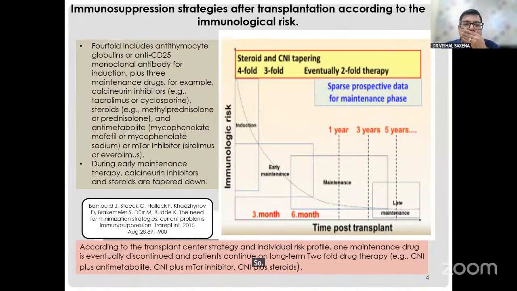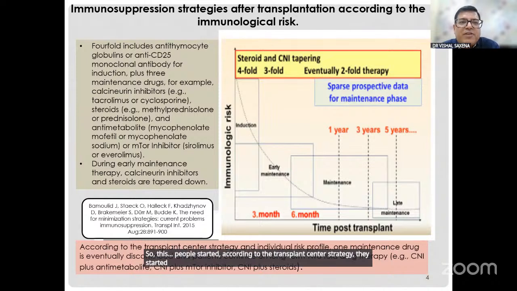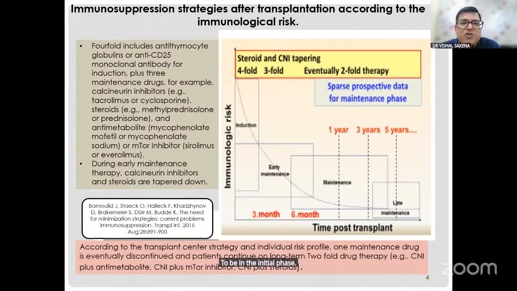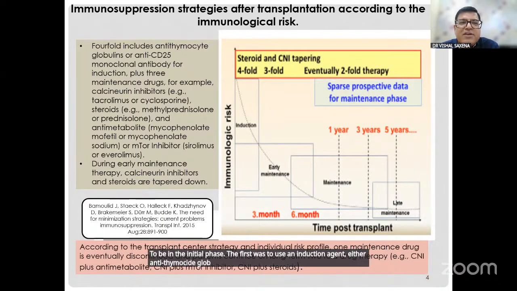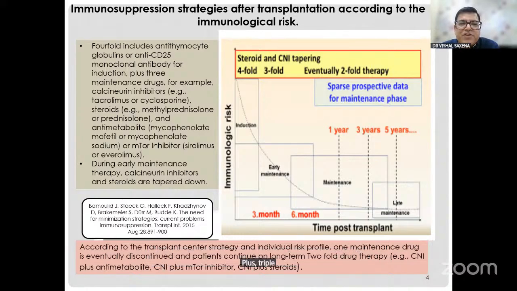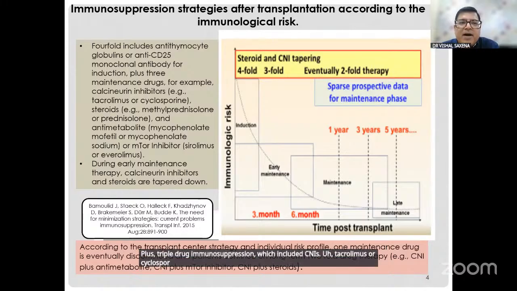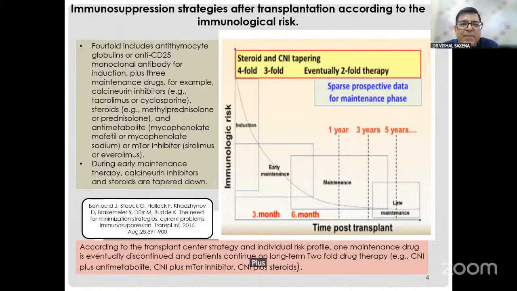According to the transplant center strategy, people started with a fourfold therapy in the initial phase. The first was to use an induction agent, either anti-thymocyte globulin or anti-CD25 monoclonal antibody, plus triple drug immunosuppression, which included CNIs, tacrolimus or cyclosporin, steroids, and antimetabolites like mycophenolate mofetil or sodium, plus or minus mTOR inhibitor.